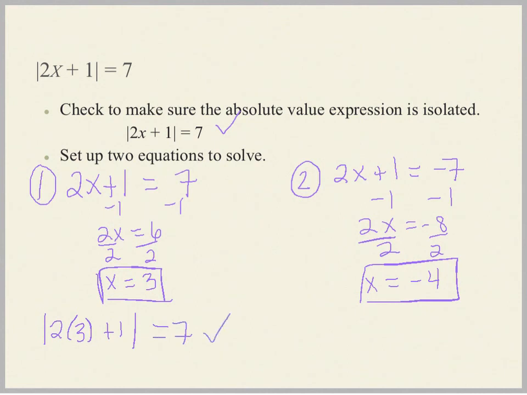And in the second equation, we would have the absolute value of 2 times the negative 4 plus 1. 2 times the negative 4 is negative 8, plus 1 is a negative 7. And we know the absolute value of a negative 7 is 7. So both our answers check out.